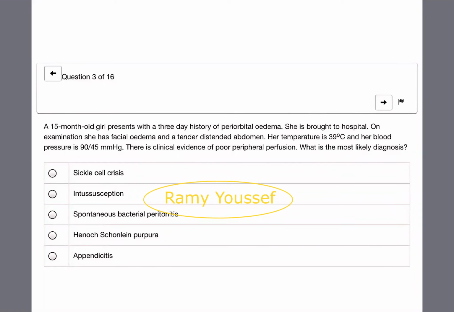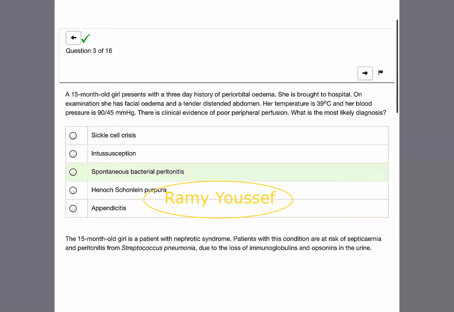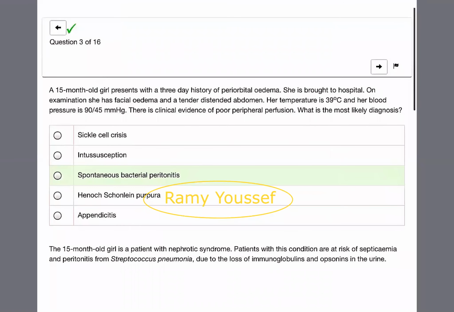Okay, this is some information just to keep in mind. Some of the side complications that a patient with nephrotic syndrome is susceptible to. Because of low immunity and low resistance, he may have spontaneous bacterial peritonitis.